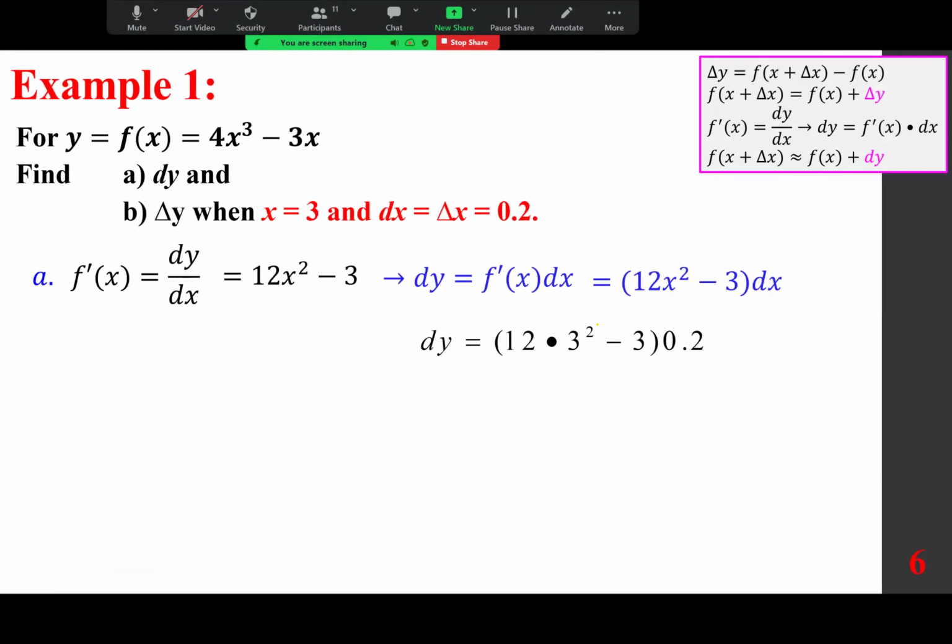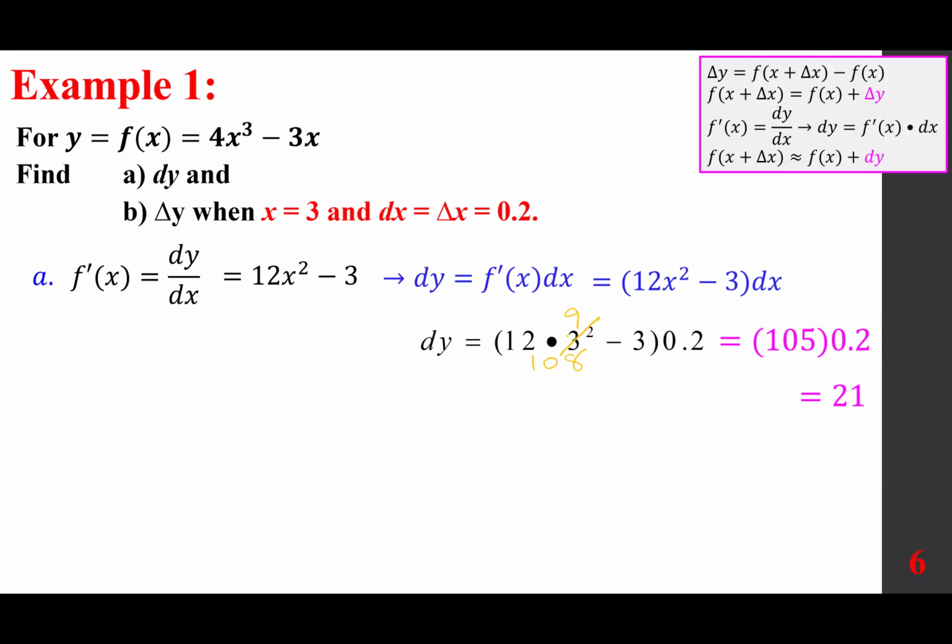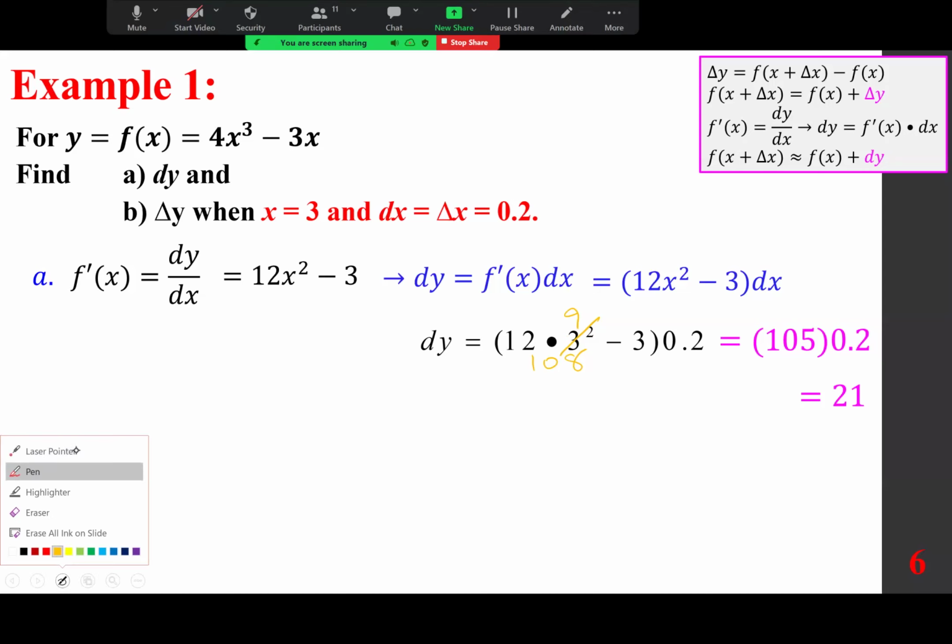We can say this is 9 times 12 is 108 minus 3 is 105 times 0.2 becomes 21, because 2 times 105 is 210. So as you can see, it's very easy to evaluate dy with the given numbers for x and delta x.